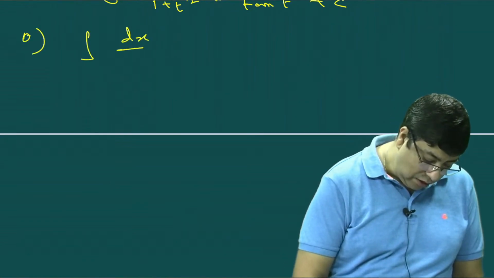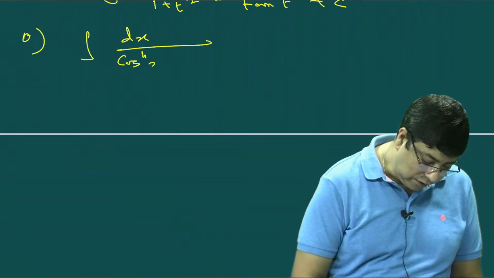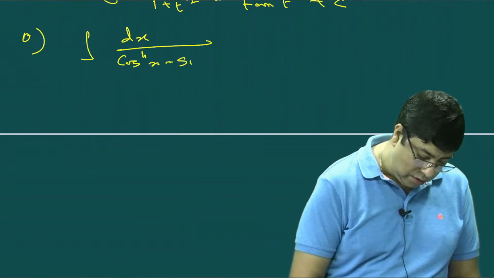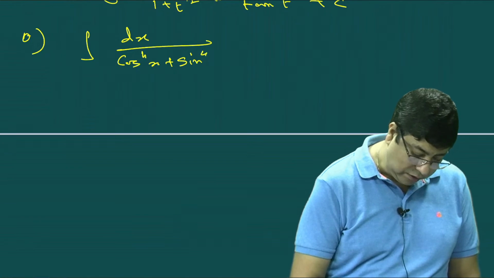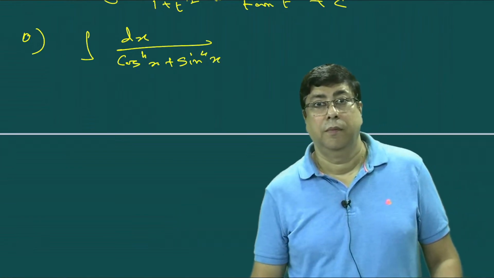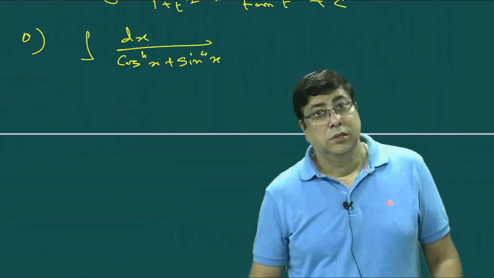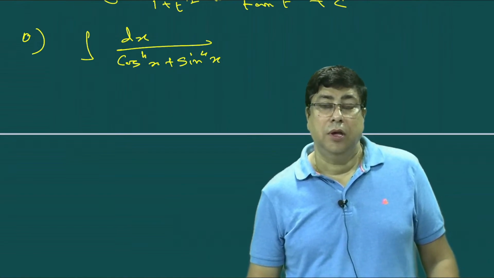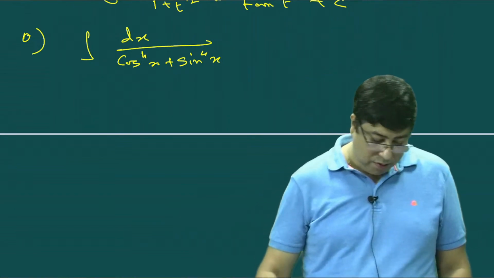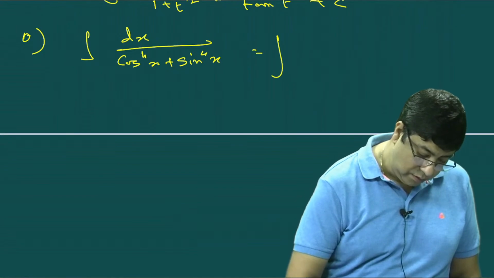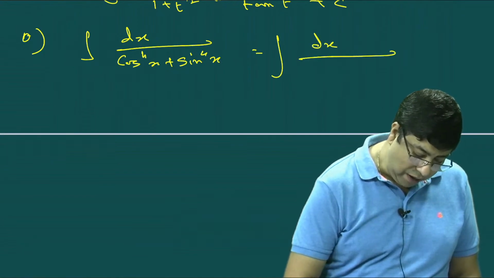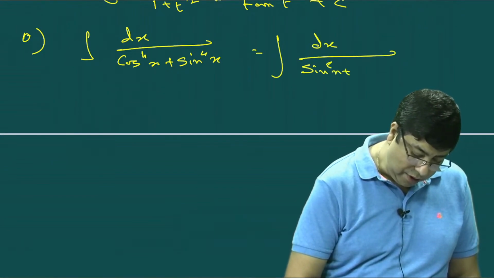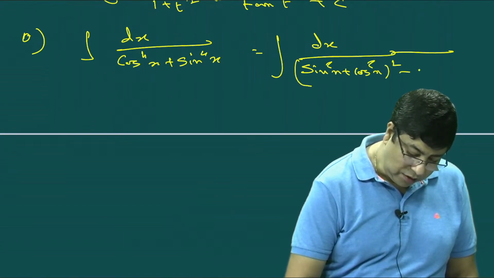If it is just cos to the power 4x plus sin to the power 4x, then what to do? Same method, a square plus b square, a plus b whole square minus 2ab. Therefore we can write this as dx by sin square x plus cos square x whole square minus 2 sin square x cos square x.